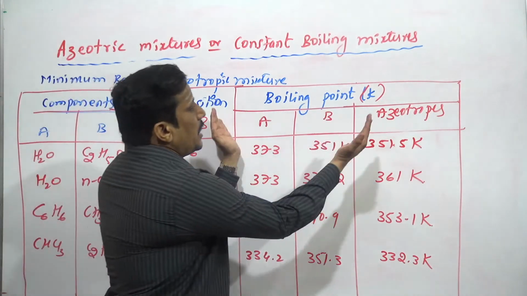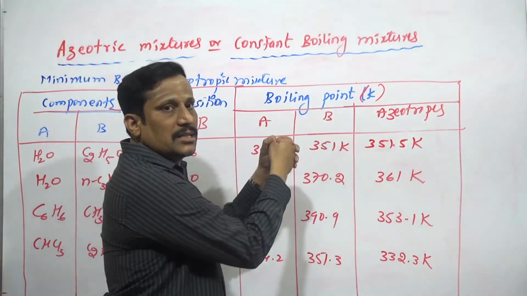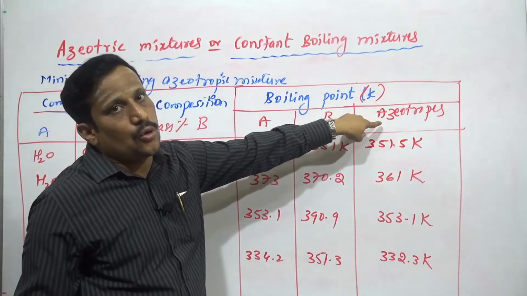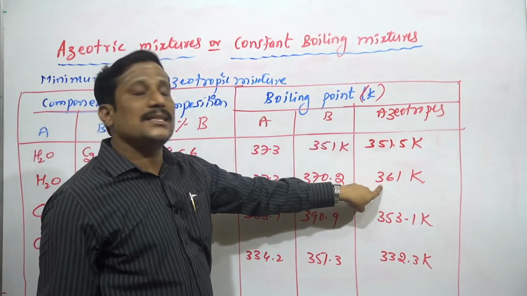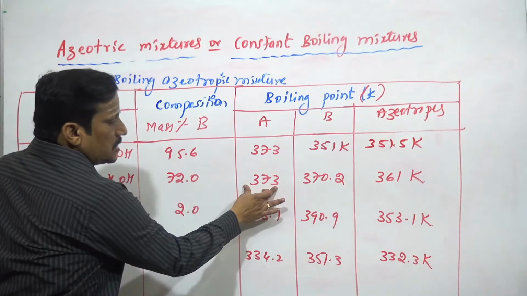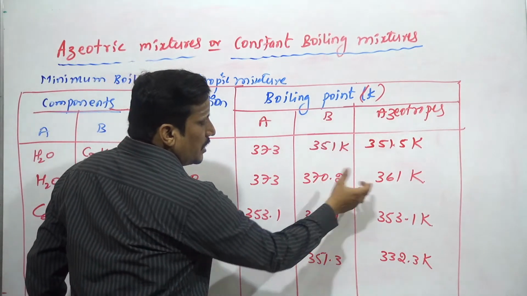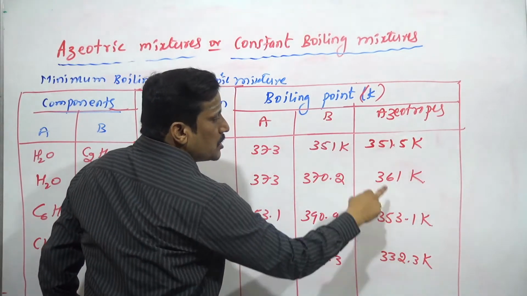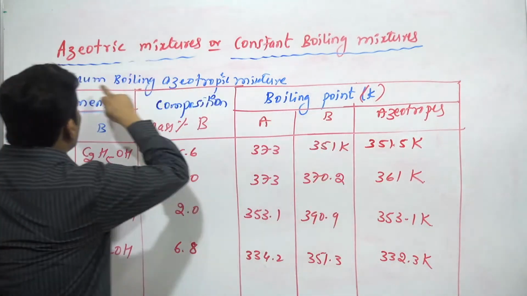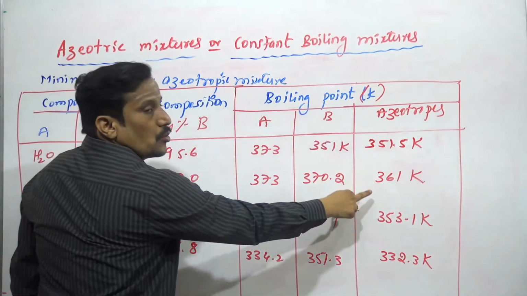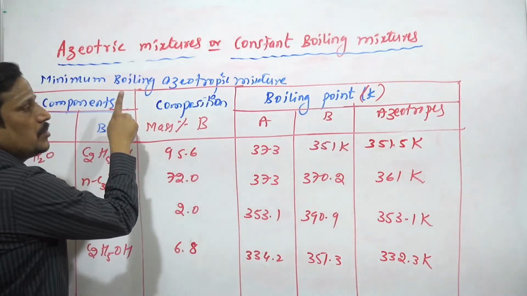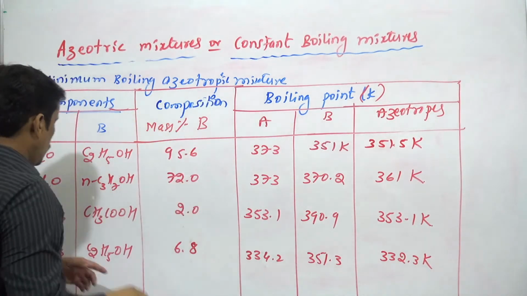When A and B are mixed, an azeotropic mixture forms, boiling at 361 Kelvin, a lower temperature. Therefore, they are called minimum boiling azeotropic mixtures.